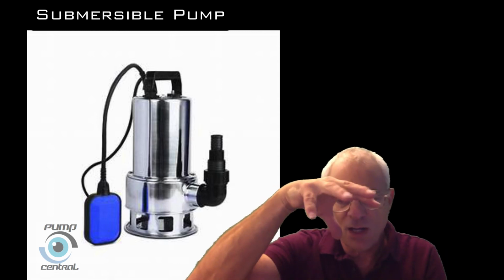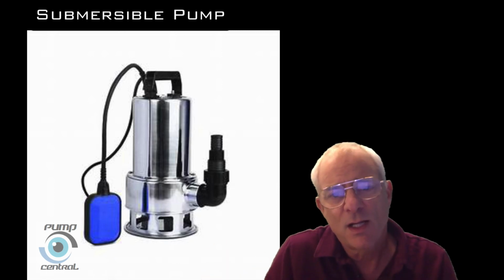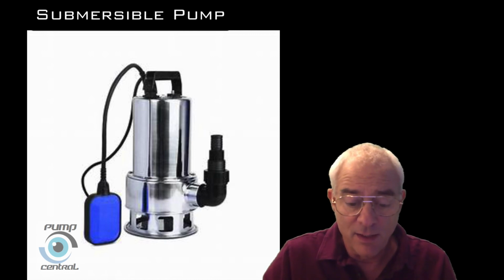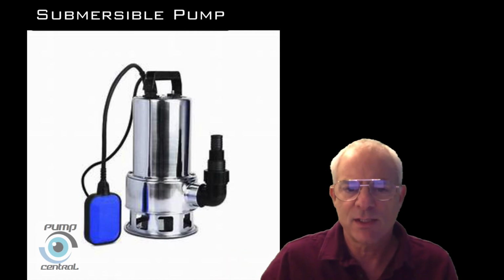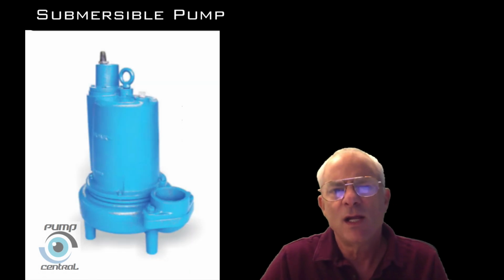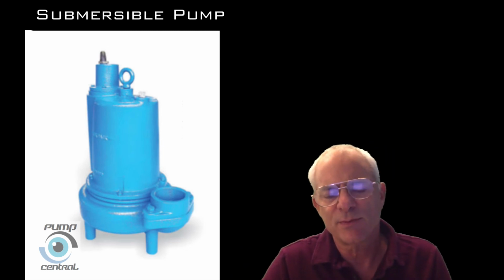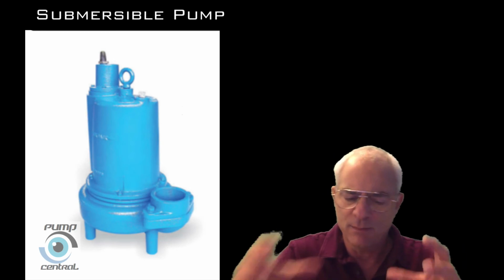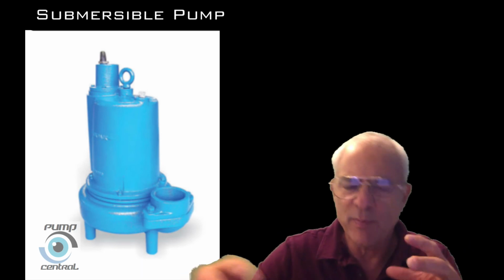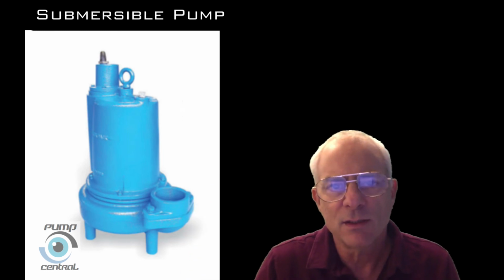And they can be little coffee can sized things on up to 40, 50 horsepower. They're used often for sewage pits and dewatering pits, but they're very, very common, and as I said, they can be all sizes, from just pumping out your pool to what we call multiplex systems that have several pumps that alternate to do the job of a big sewage station.